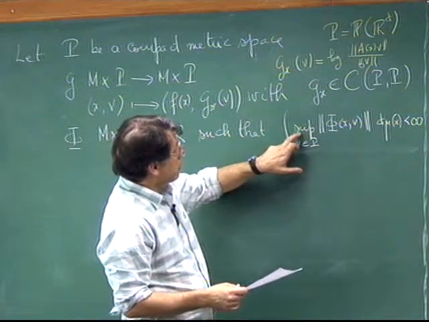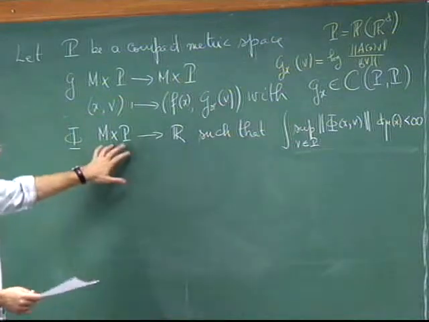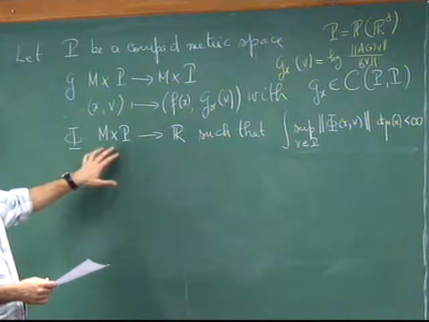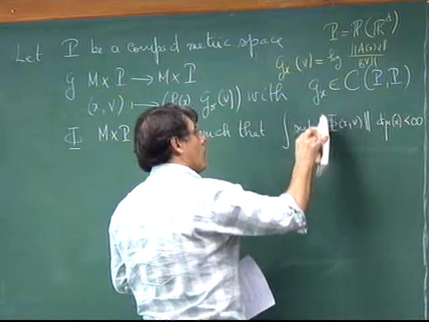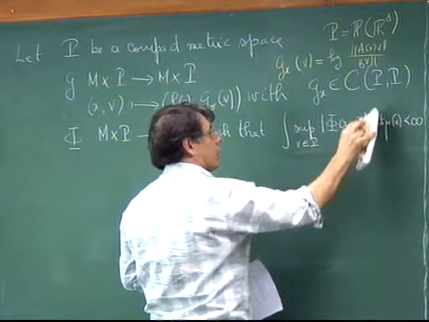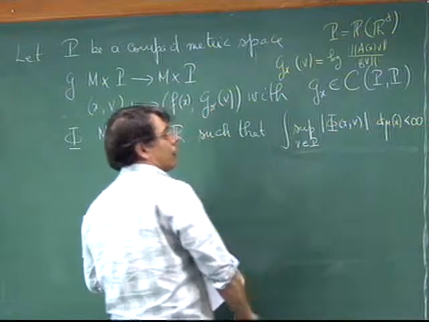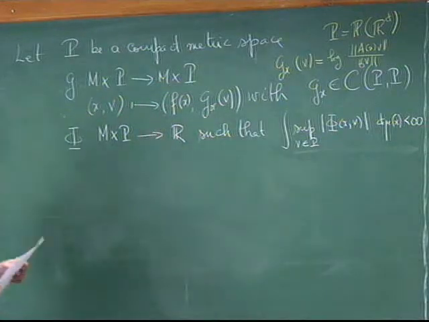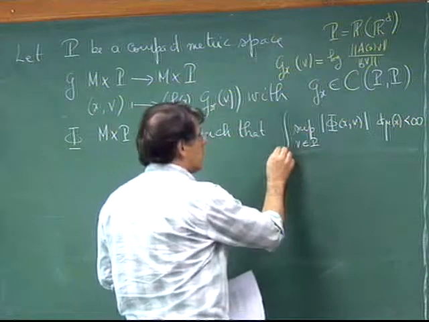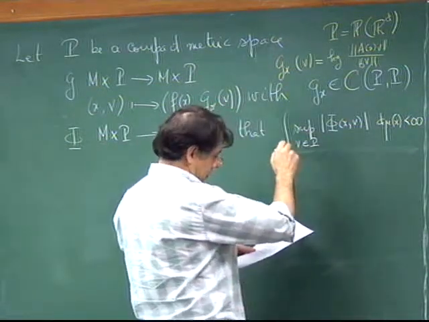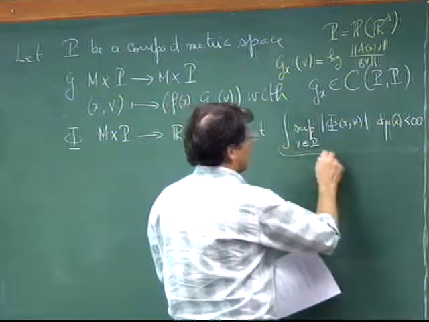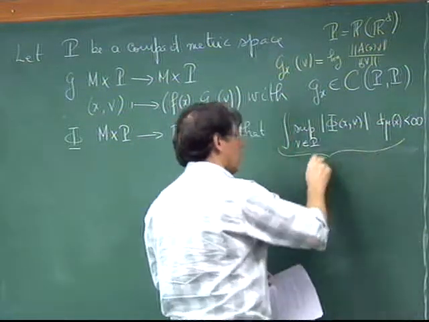Though they are defined on the product space, real functions, you take the supremum over the second variable, and then you integrate with respect to the first variable. And this should be finite. This number is called the norm. I think I denoted it as the one norm of phi.